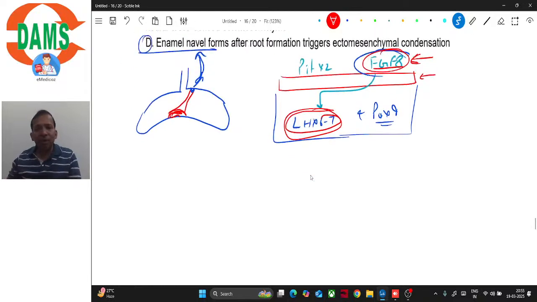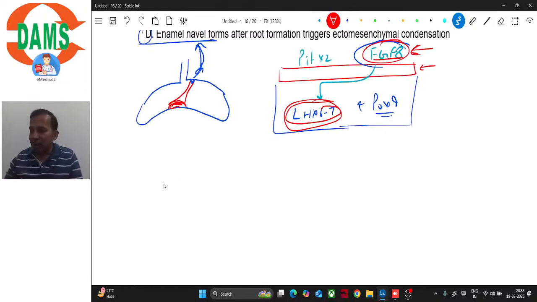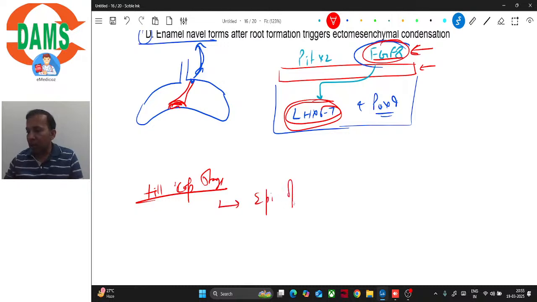Similarly, if we look at the interaction between epithelium and mesenchyme, or the dominant role, you would realize that up till cap stage, the epithelium of second pharyngeal arch has the dominant role.